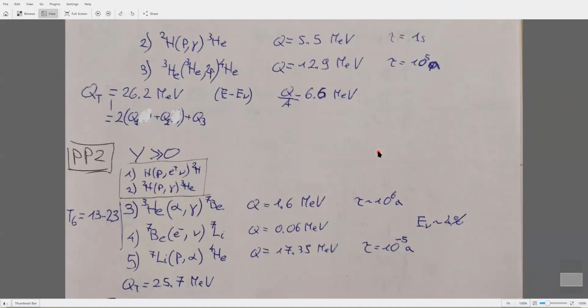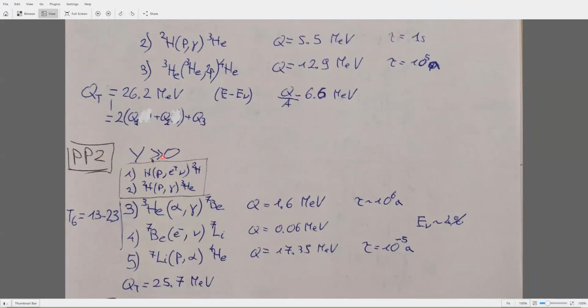PP1 is not the only one. Actually, it's the only one for the first stars. But not only, because there has always been helium. If you have enough helium inside the nuclei, when you start to have enough helium, you can have an interaction among the helium-3 and helium-4.